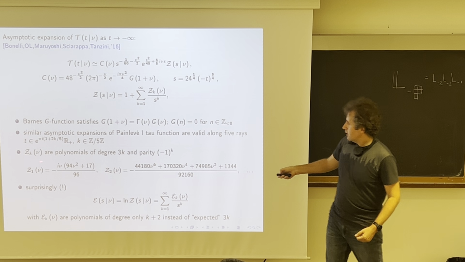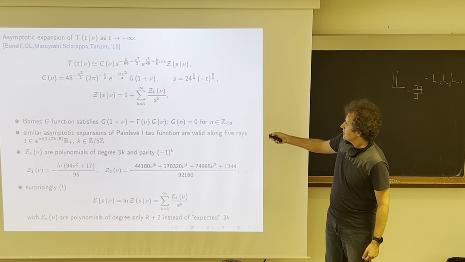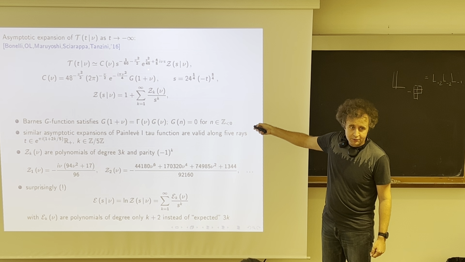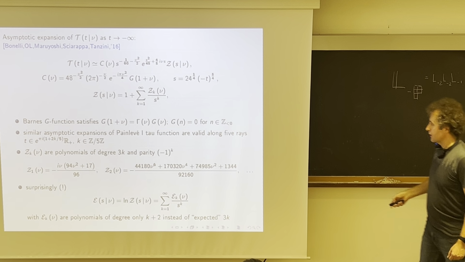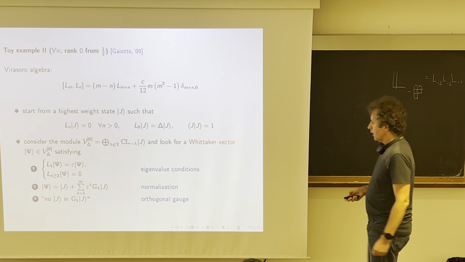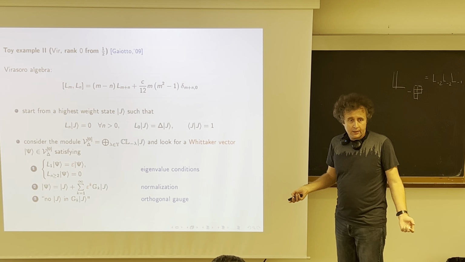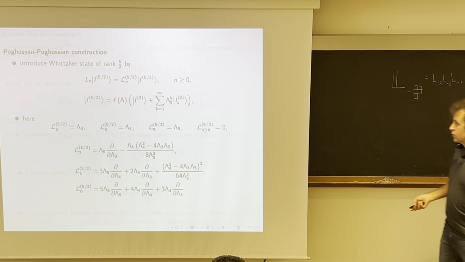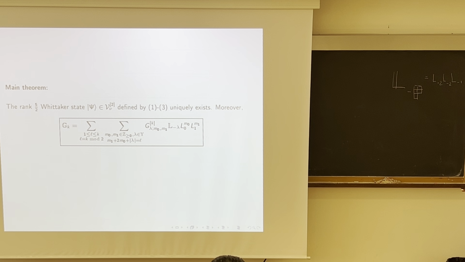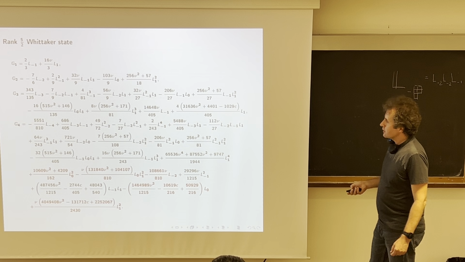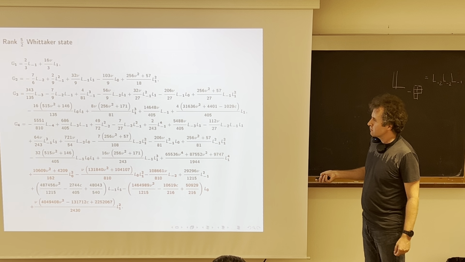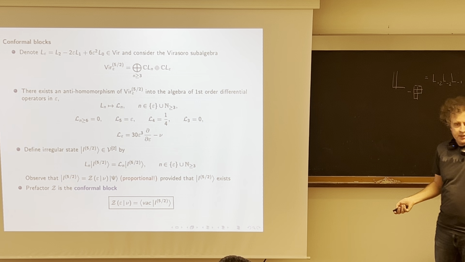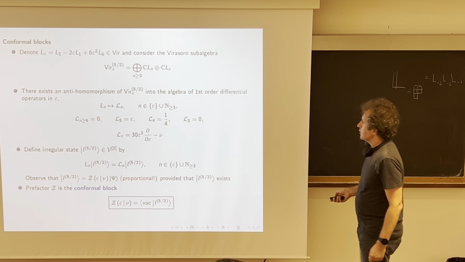And G2 is responsible basically for this minus 1 over 60 minus nu squared over 2. But with these differential operators, I think you simply cannot go beyond G4. Whereas with algebra, we have stopped at level 12, if I remember correctly, but in principle one can do much more.